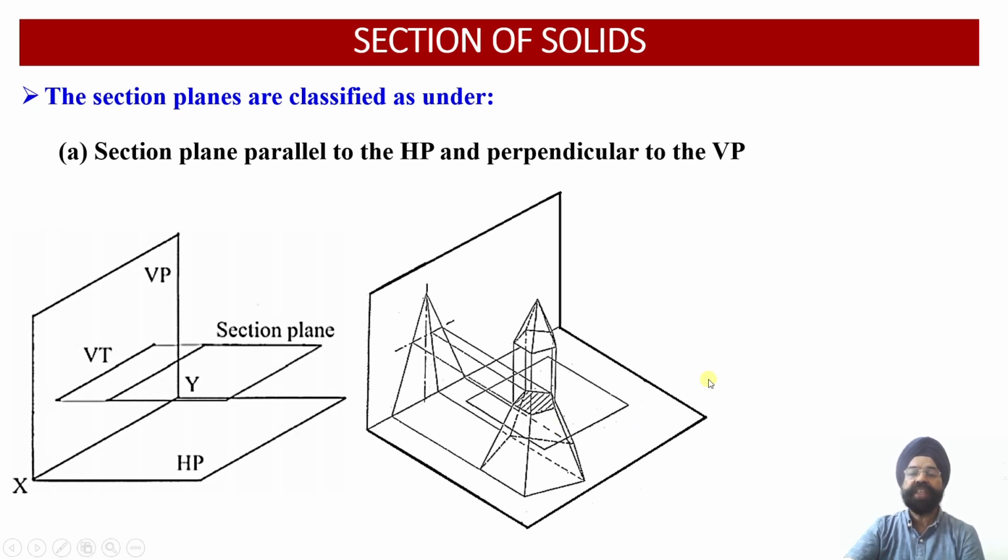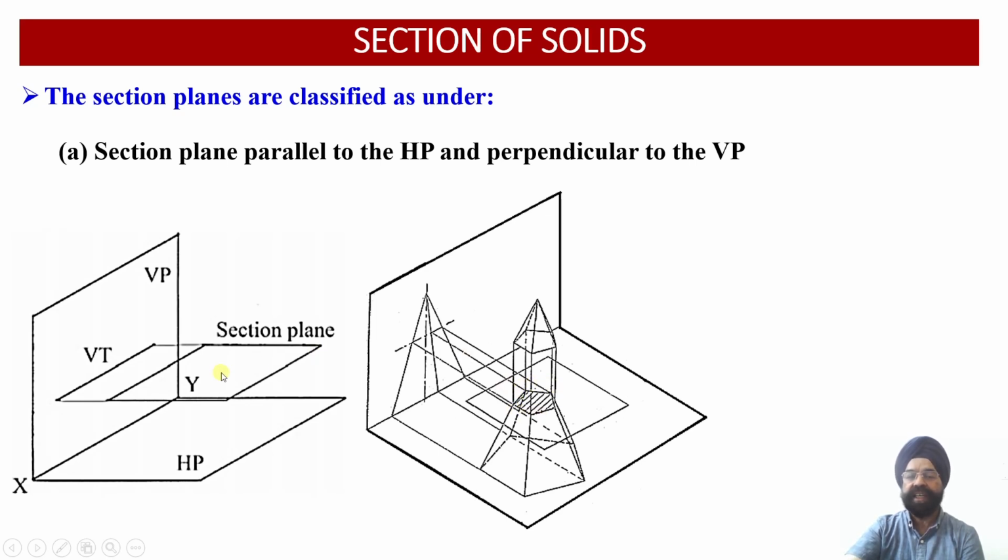So all these objects we are going to cut in different orientations and see how their projections can be obtained on the horizontal plane or on the vertical plane. And we are also required to evaluate the true shape of the cut section in different planes.